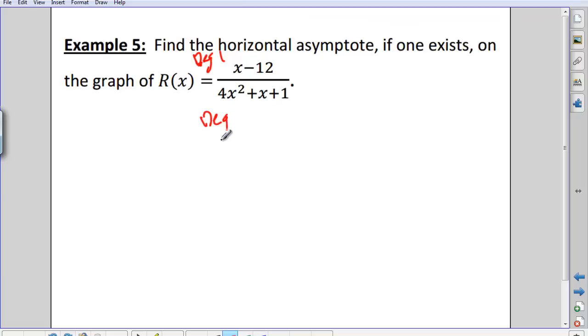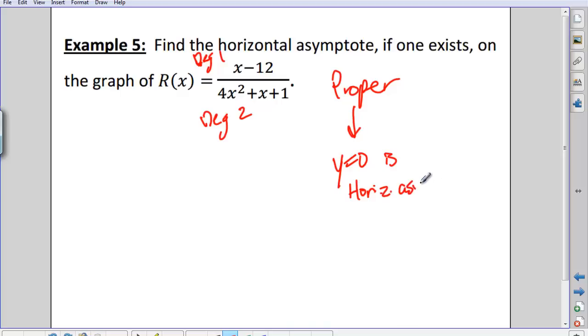The denominator's degree is 2, so that is proper, which means y equals 0 is the horizontal asymptote. Okay, so that's all there is to it. If it's proper, you automatically know y equals 0 is a horizontal asymptote.